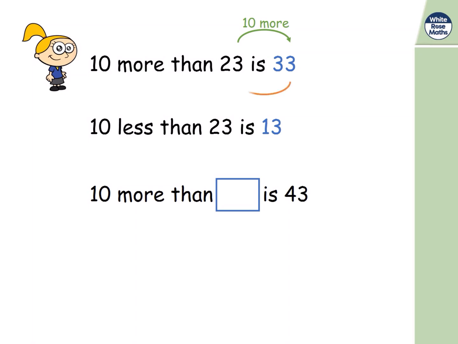If we'd started at 33, we could have worked backwards and 10 less was 23. So in our current example, 10 more than something is 43. We can start at 43 and work back 10. So what's 10 less than 43?